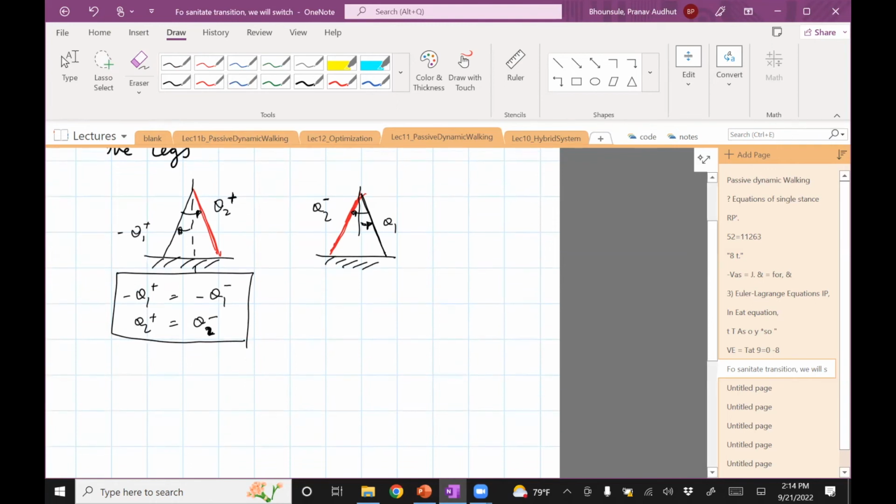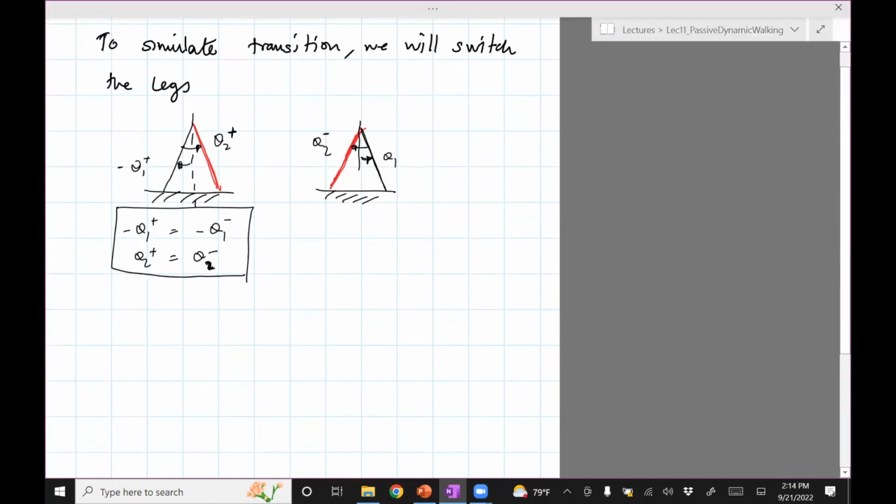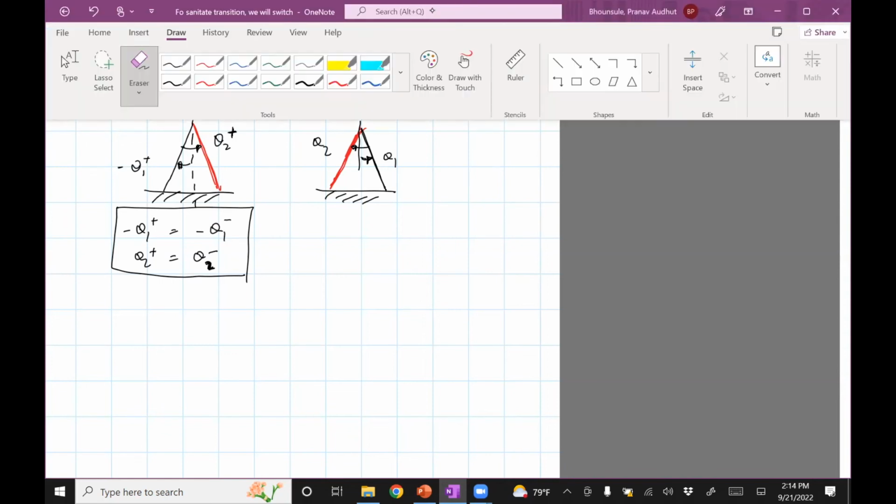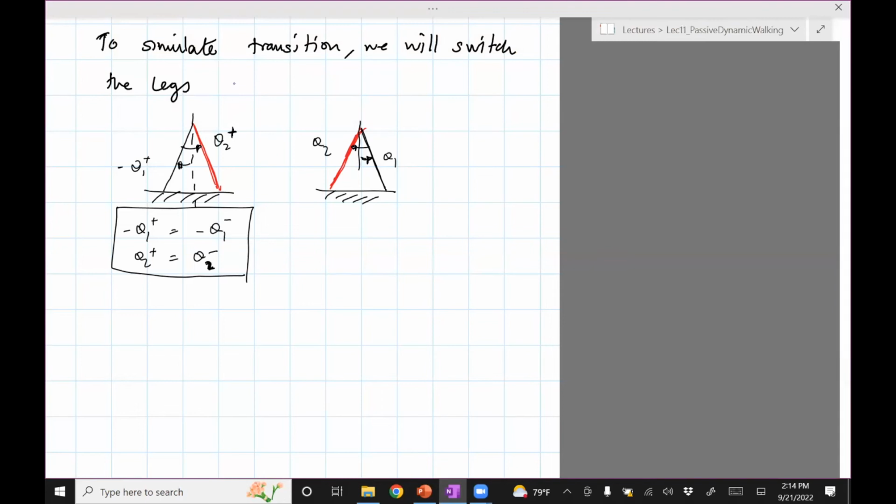So what I need to do is look at these two figures and figure out how the angles are related. That is, I need to compute, my bad, this shouldn't be negative, I need to compute the value for theta1 and theta2 as a function of theta1 positive and theta2 positive.